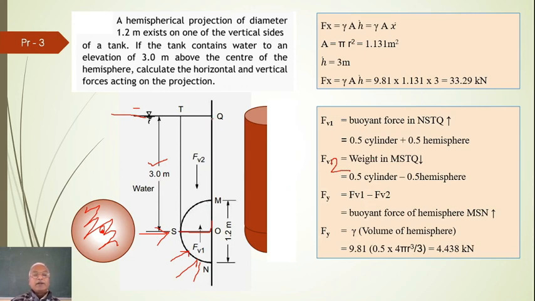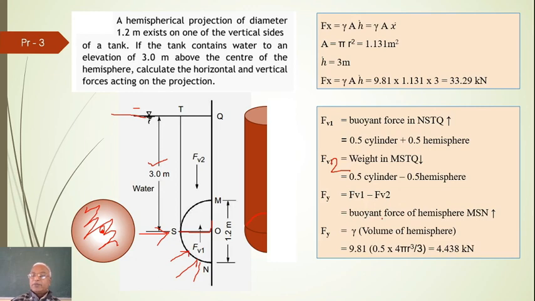Now how do you calculate that? Weight of half cylinder minus the half hemisphere, whatever inside has gone, that has to be subtracted. Now FV1 minus FV2, because FV1 is more, vertical forces. The cylinder cancels off, minus of minus plus, so 0.5 becomes 1 hemisphere.